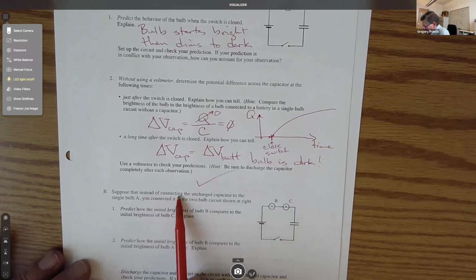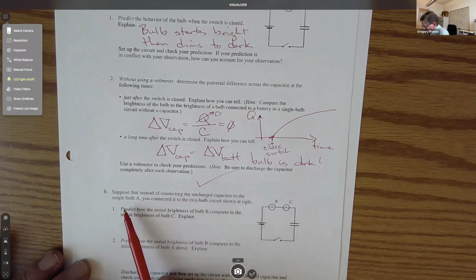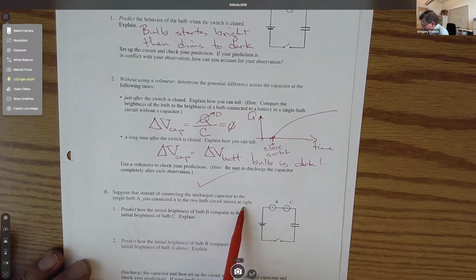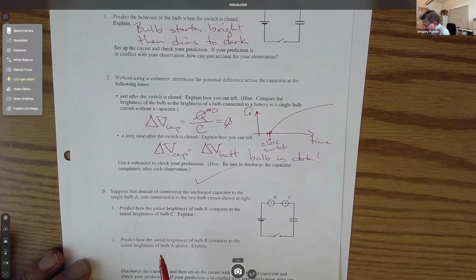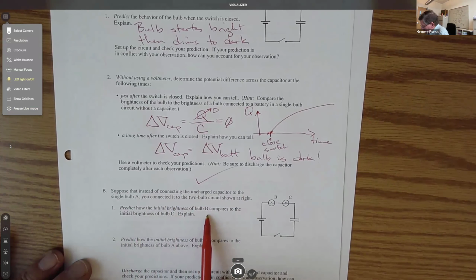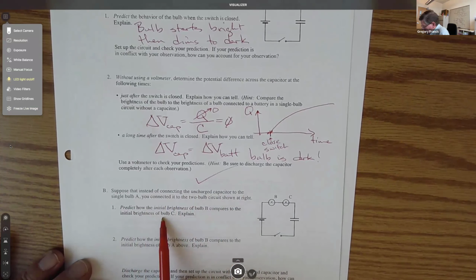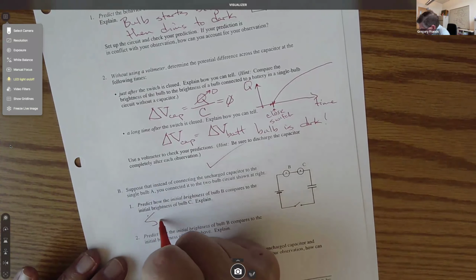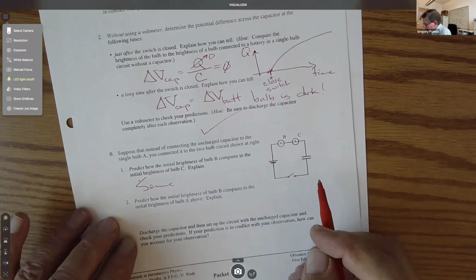Suppose that instead of connecting the uncharged capacitor to a single bulb, we connect it to the two bulb circuit shown at the right. Predict how the initial brightness of bulb B compares to the initial brightness of bulb C. That would be the same with our current model.